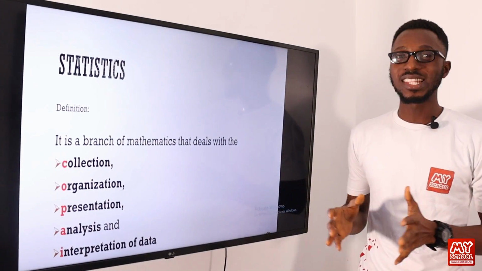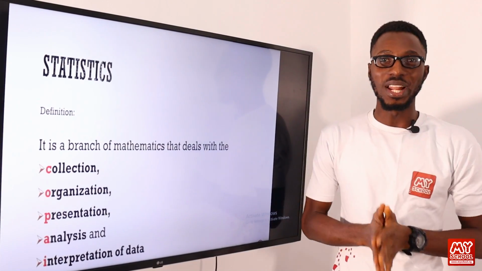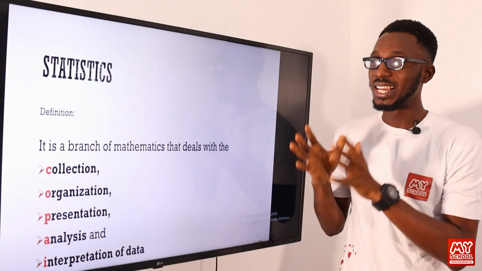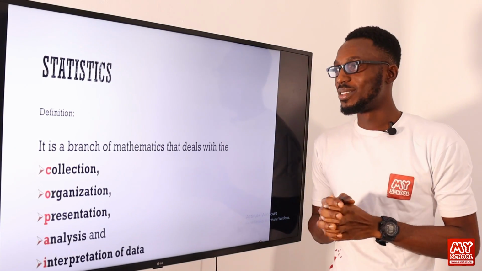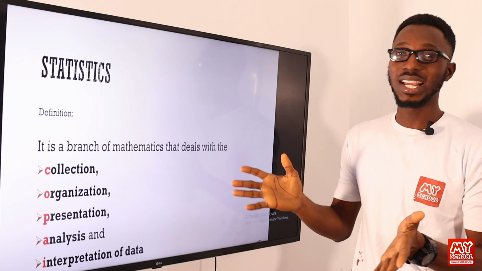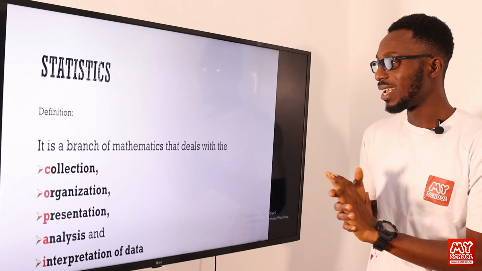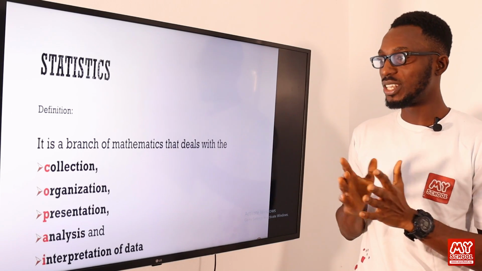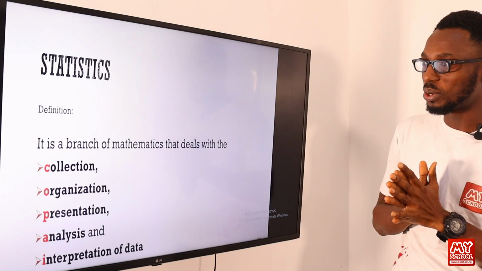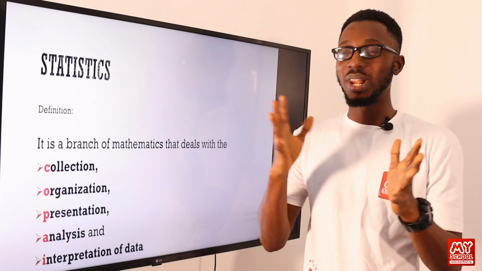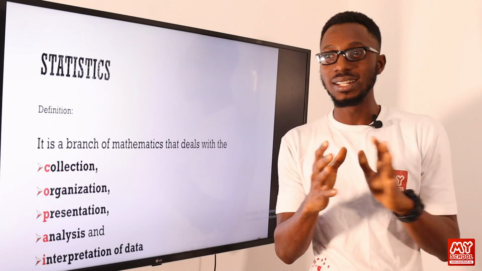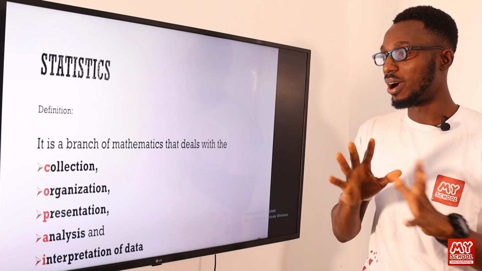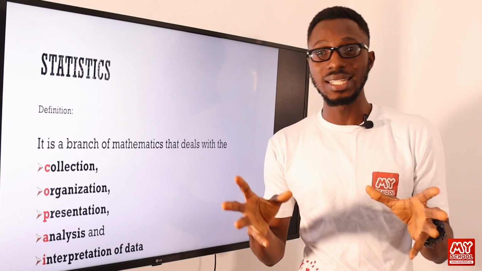Right there we have slides prepared for this video lesson. We are going to kick off with the definition of statistics. So how do we define statistics? Basically we can just say this is a branch of mathematics that deals with the collection, organization, presentation, analysis, and interpretation of data. So you want to collect data, you want to organize it in a way whereby you can access it, and also the way you can present it.